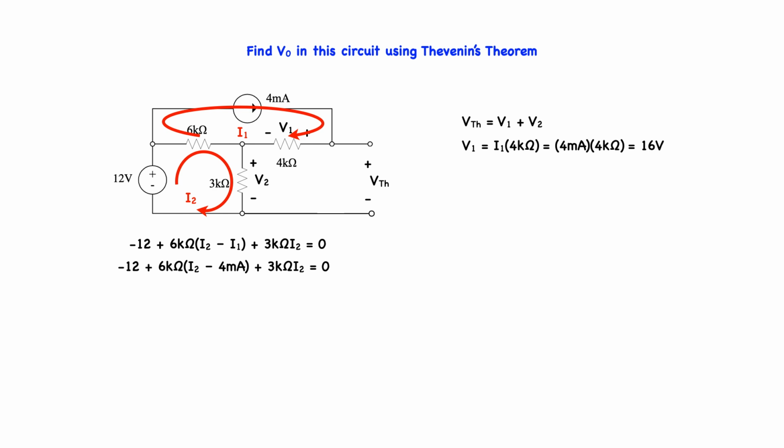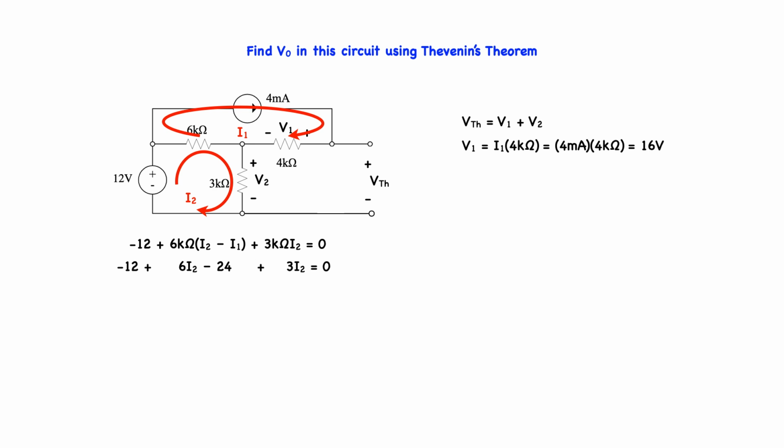Then I'm going to unclutter the equation to give us something easier to read. That is minus 12 plus 6(I2 minus 4) plus 3I2 equals 0. This gives us one equation with one unknown, I2.